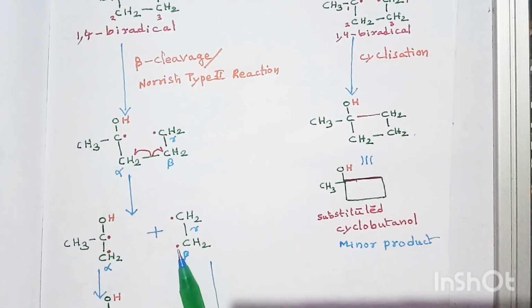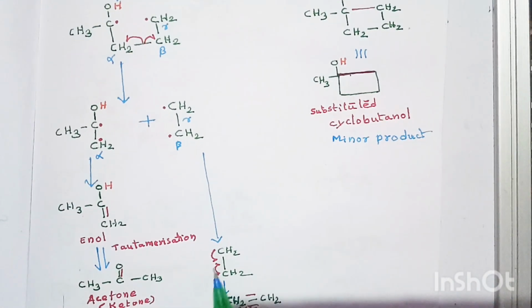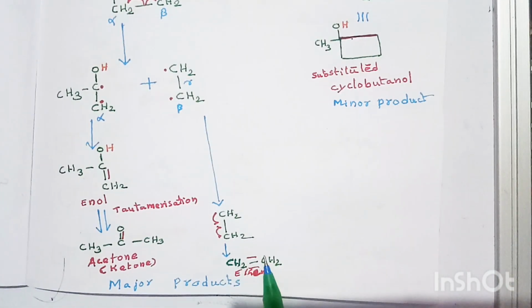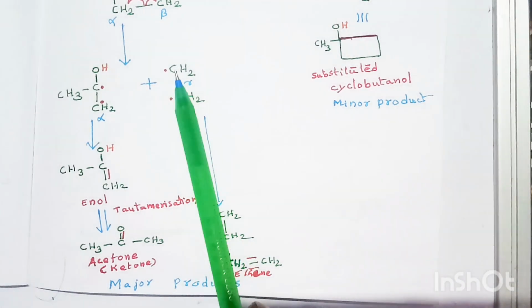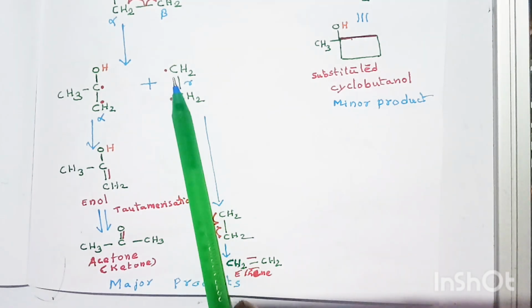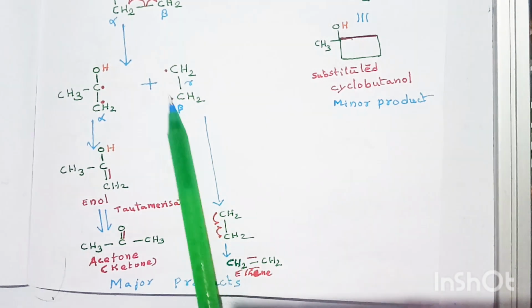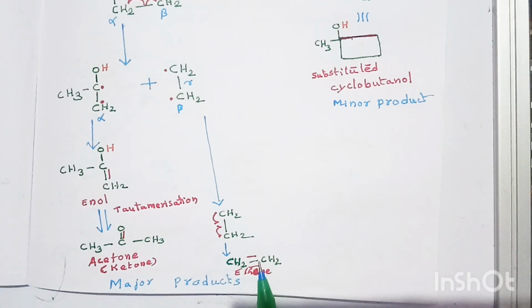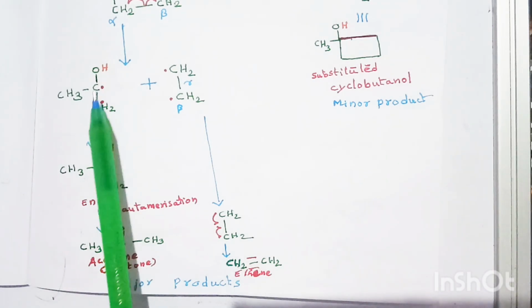So these two radicals will join together to form a new bond, thereby giving us CH2 double bond CH2. This is ethene. So these two CH2 radicals will join to form a new bond. This new bond is represented in red ink. So we get ethene.